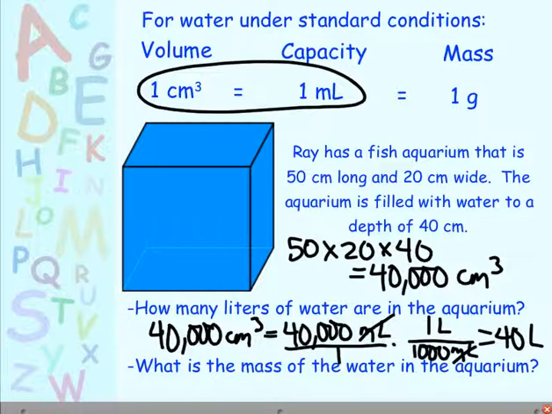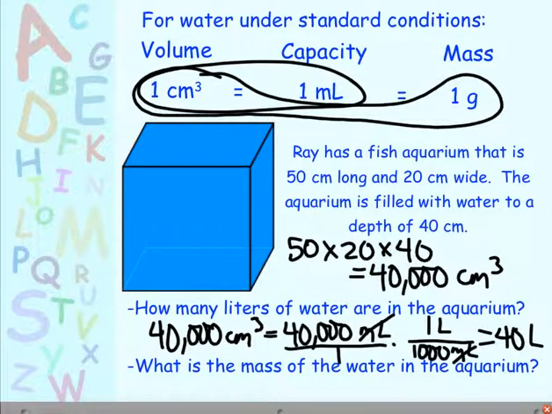And so what's the mass of the water in the aquarium? Well, we need this conversion, 1 centimeter cubed to 1 gram. So if I have 40,000 centimeters cubed, that means that I have 40,000 grams. Now, that's kind of hard to think about.